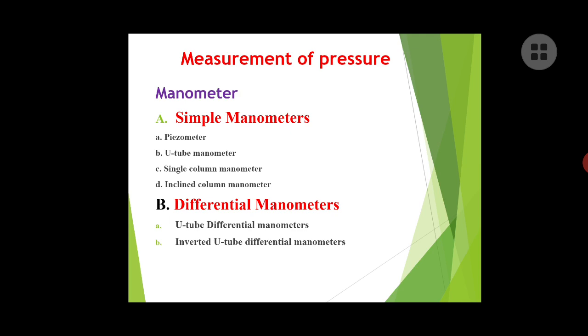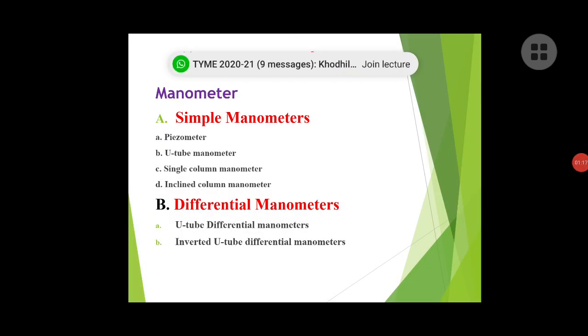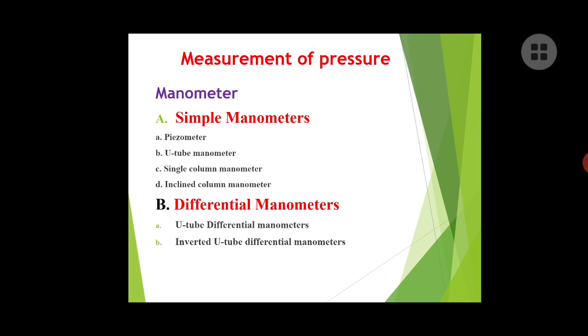Second is the differential manometer, which is divided into two groups: U-tube differential manometer and inverted U-tube differential manometer.